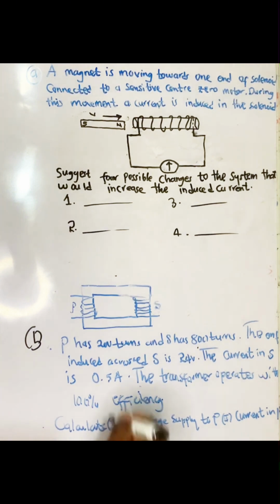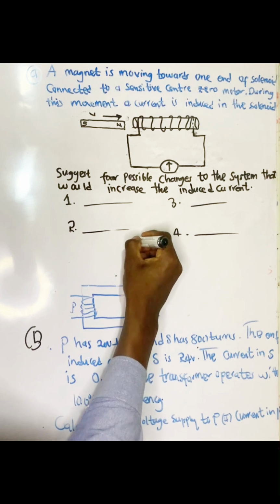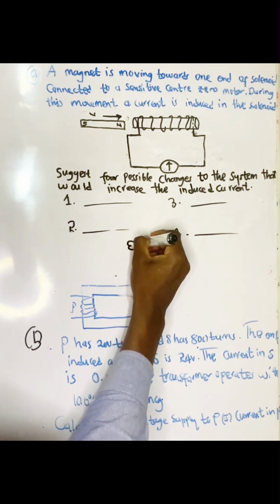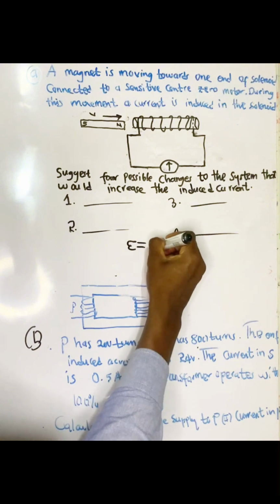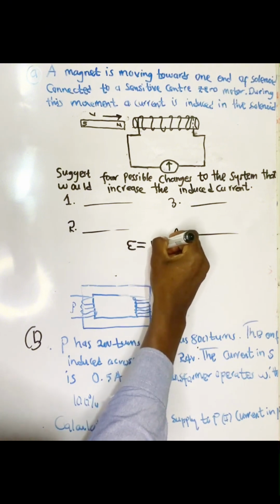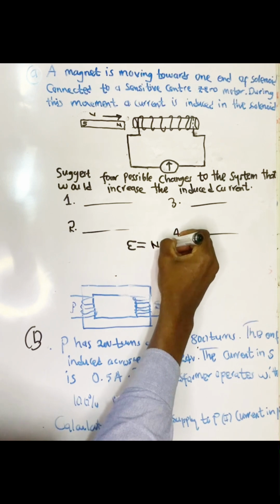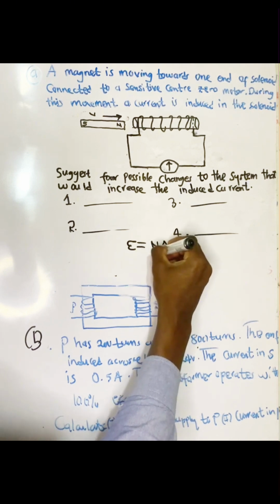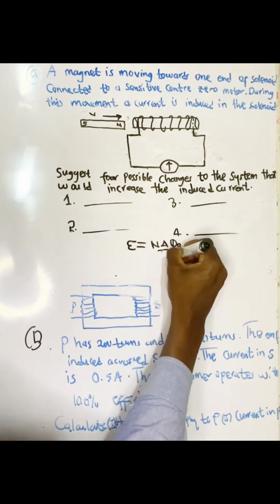What does it say? Faraday says that during electromagnetic induction, the induced EMF is equal to the number of turns times the change in magnetic flux with respect to time.